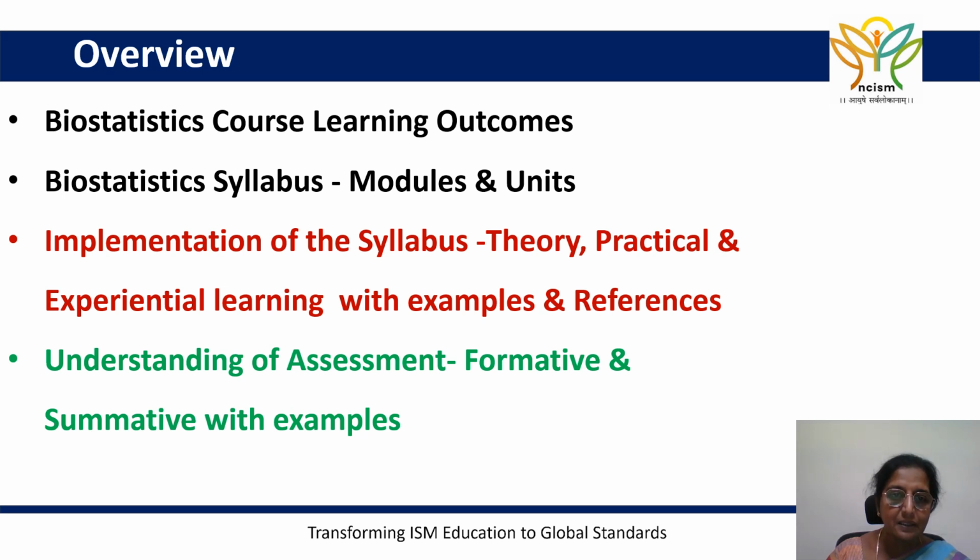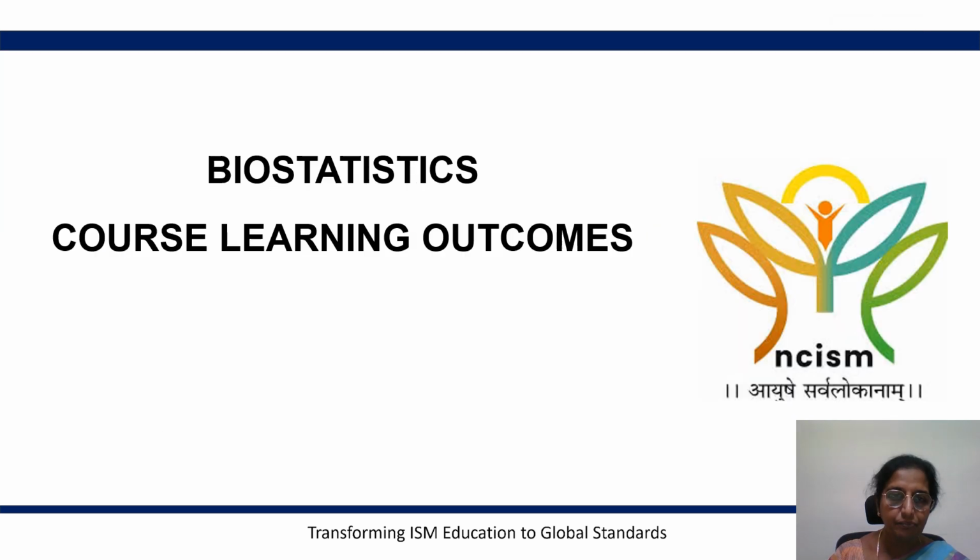Finally, understanding of assessment, that is formative and summative with examples. In this video, we will be discussing biostatistics course learning outcomes and biostatistics syllabus with all modules and units.